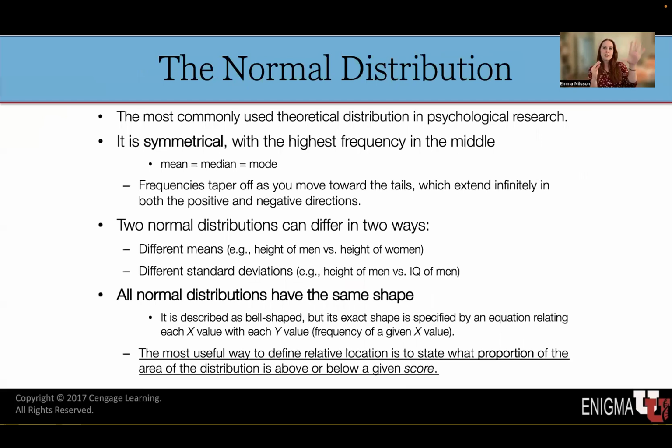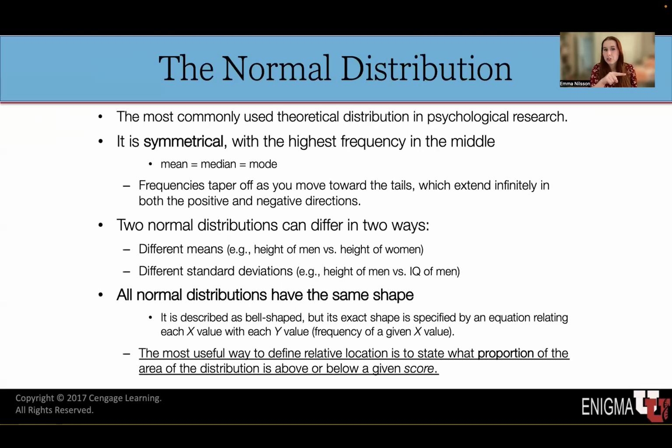So we've discussed this before, but I want a quick recap of what a normal distribution is. It's the most commonly used theoretical distribution. It's symmetrical, that bell-shaped curve, highest frequencies in the middle, and it tapers off to the sides, remember? The mean, the median, and the mode are all in the same exact place.